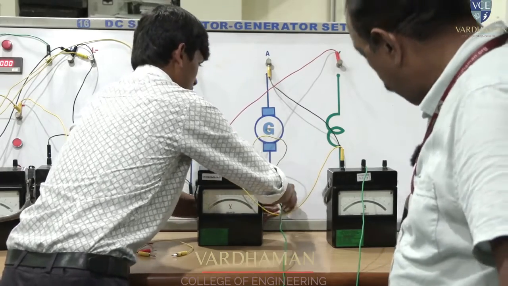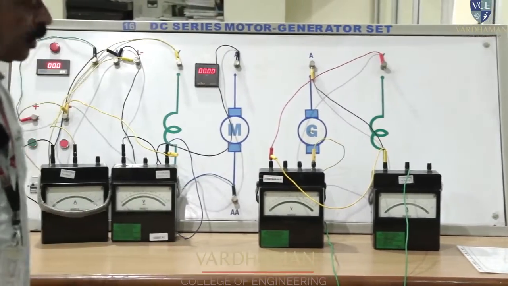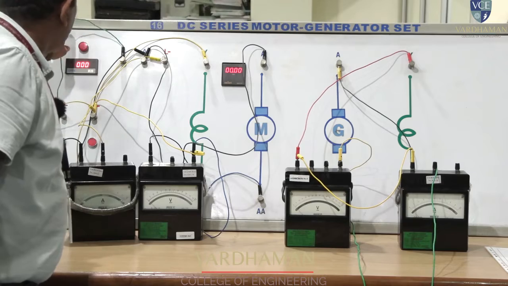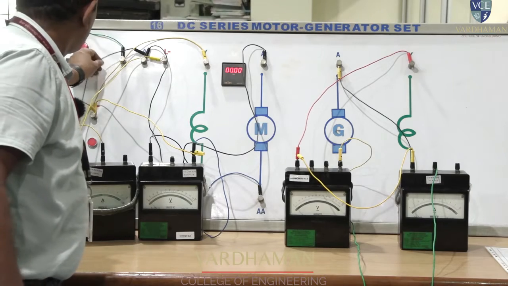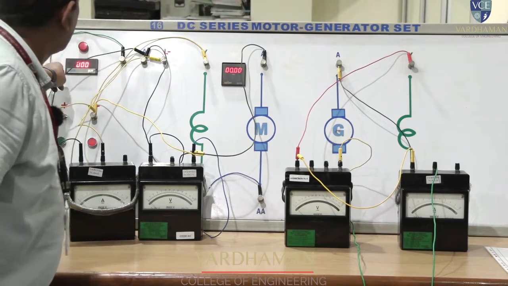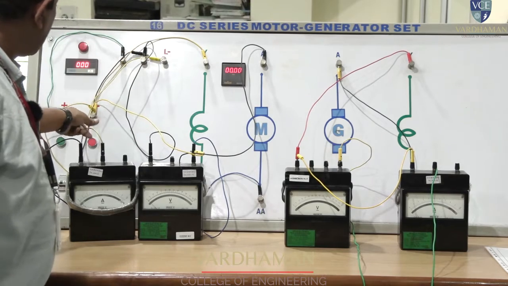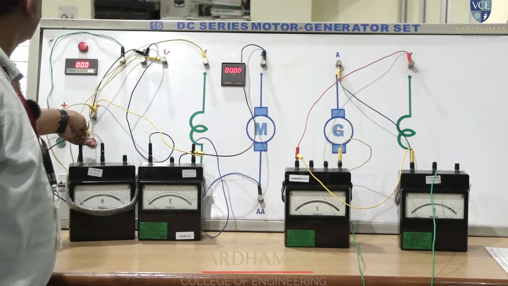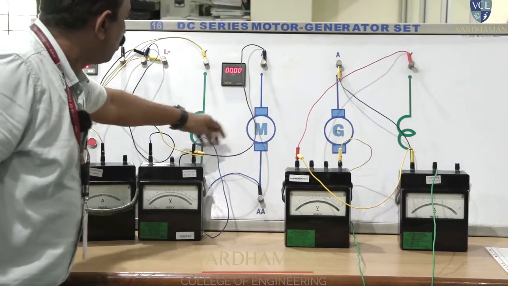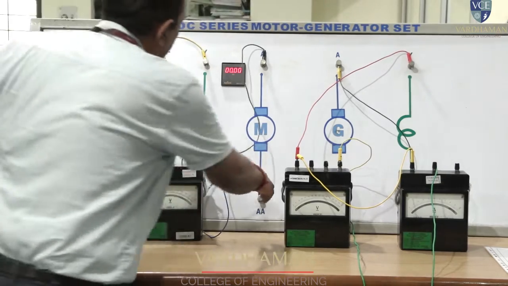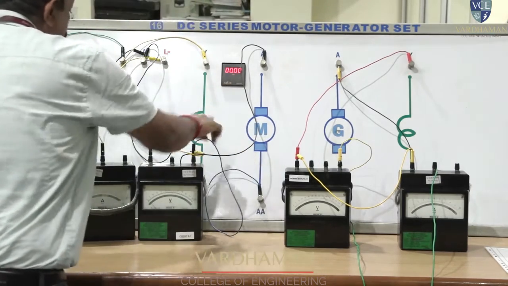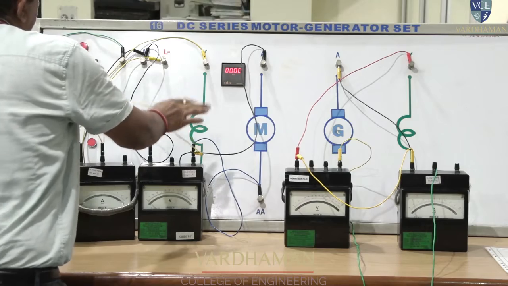All connections should be tight. So now the circuit is connected: L to L, A to the ammeter, and one more terminal A is taken to the voltmeter. The ammeter's next terminal is taken to Y, YY to A, and AA is connected to the voltmeter negative and the power supply negative.